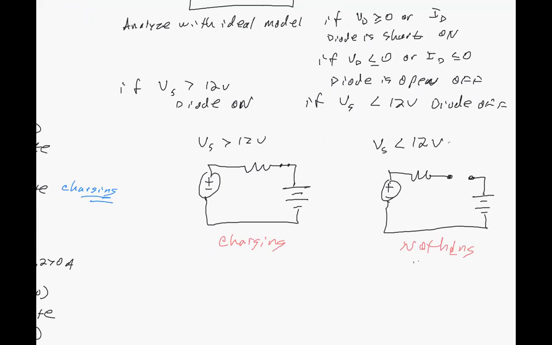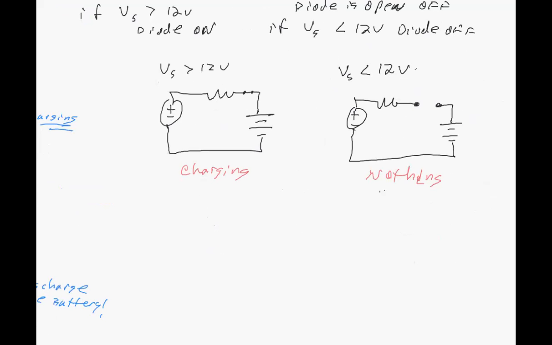And if I try to draw sinusoidally what's happening, we've got voltage here. So we've got a sinusoidal Vs, and then we've got a limit on the battery of 12 volts.